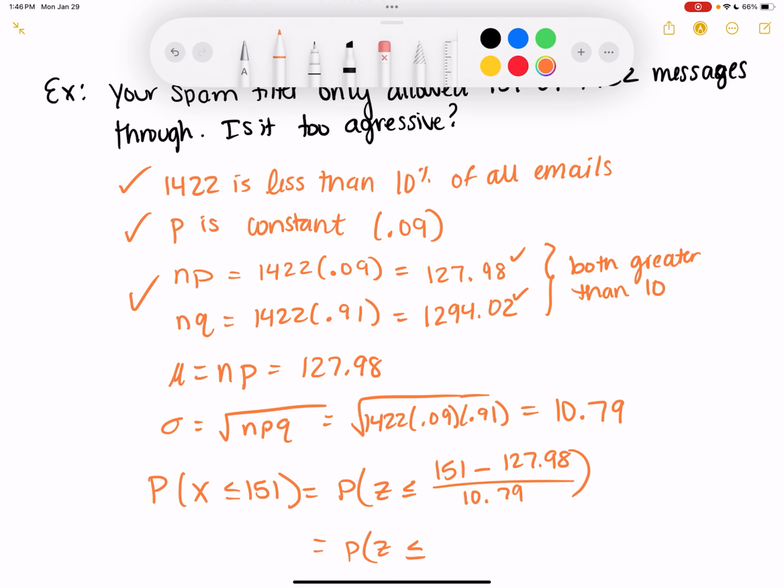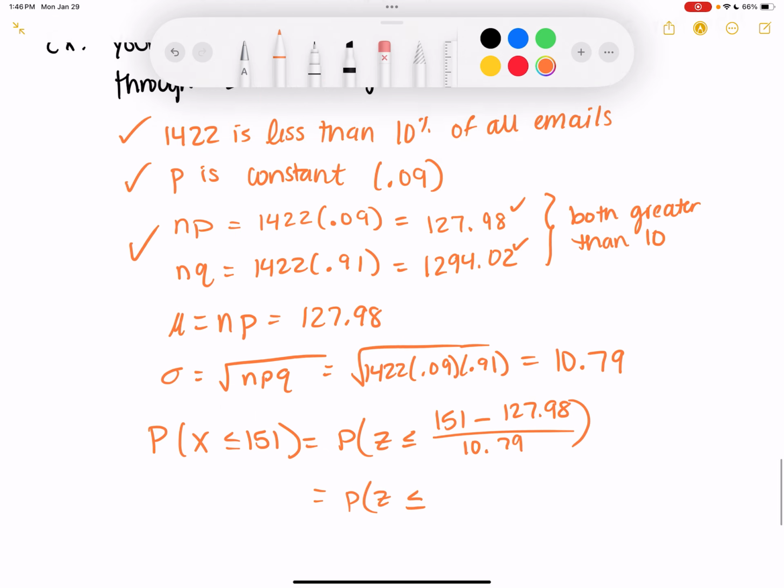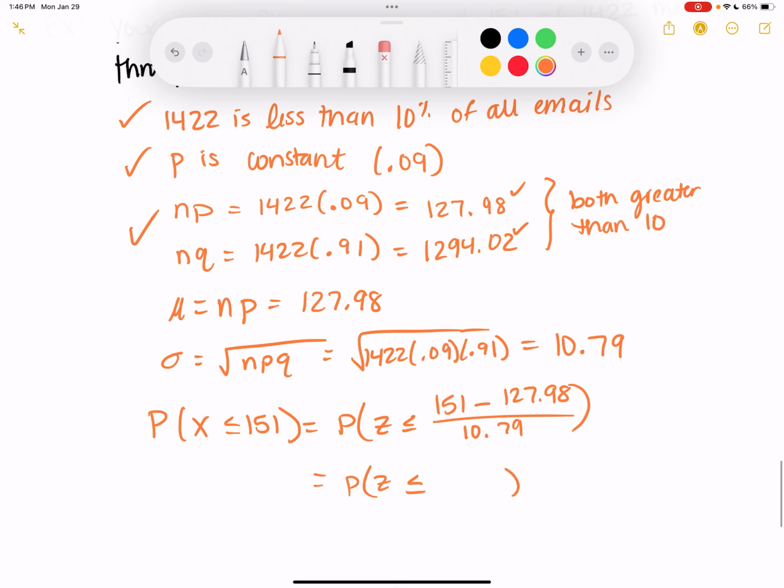So whatever that number is, we're going to go to our table to find. What's the formula for z-score again? X minus mu over sigma. That's 2.13.